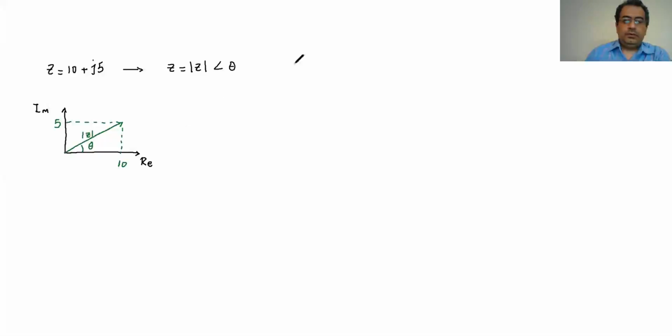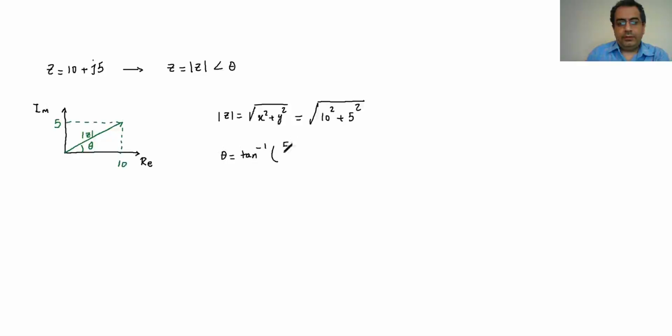I know the magnitude of z is going to be the square root of x squared plus y squared, which is 10 squared plus 5 squared. And the theta is tangent inverse of y over x, which is 5 over 10.